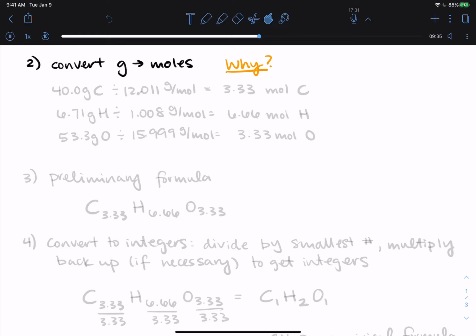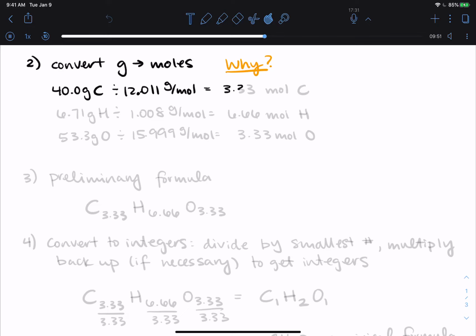So my 40.0 grams of carbon, if I divide that by 12.011 grams per mole, I'll get the number of moles in this sample.